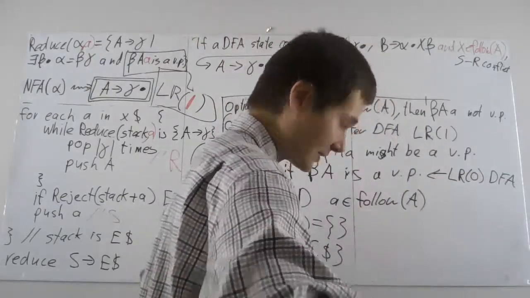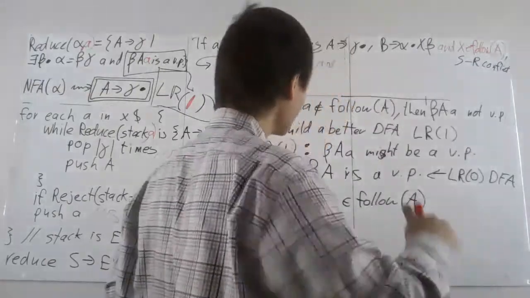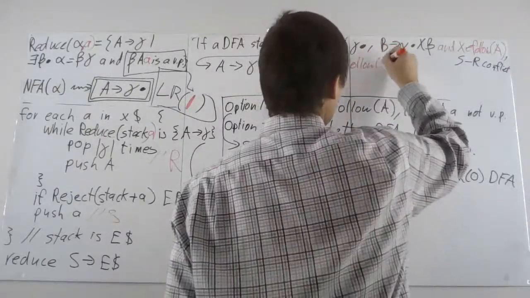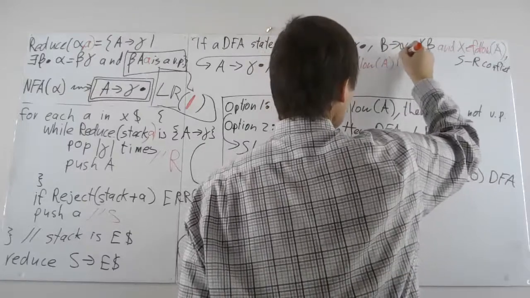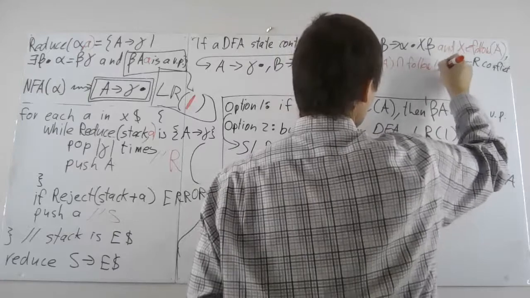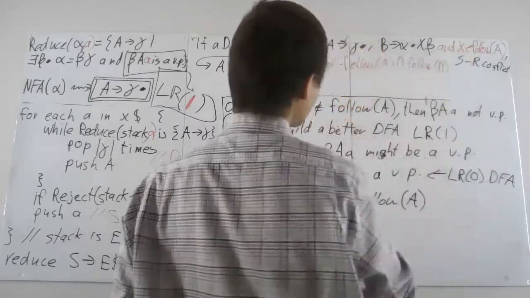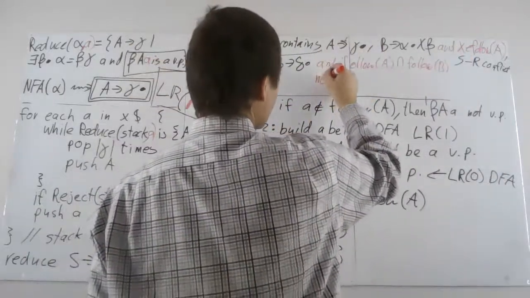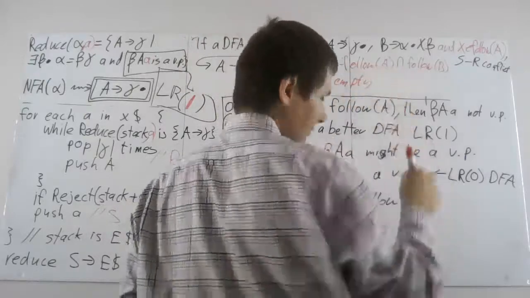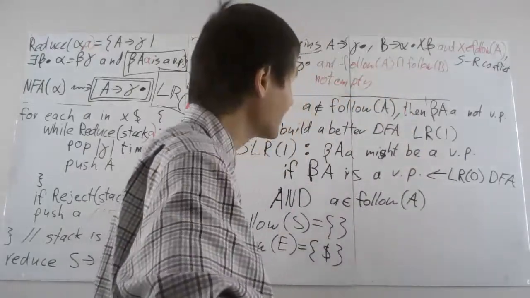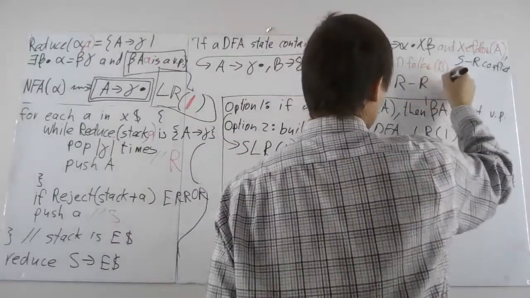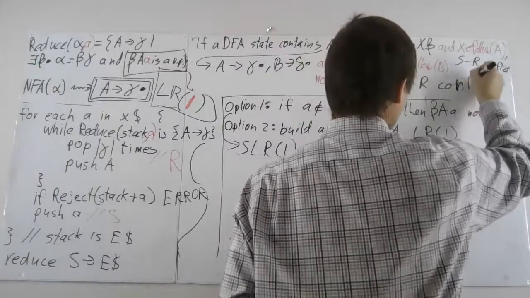So if their follow sets overlap, then that's bad. So if follow of A intersect follow of B is not empty, then I have a reduce reduce conflict.